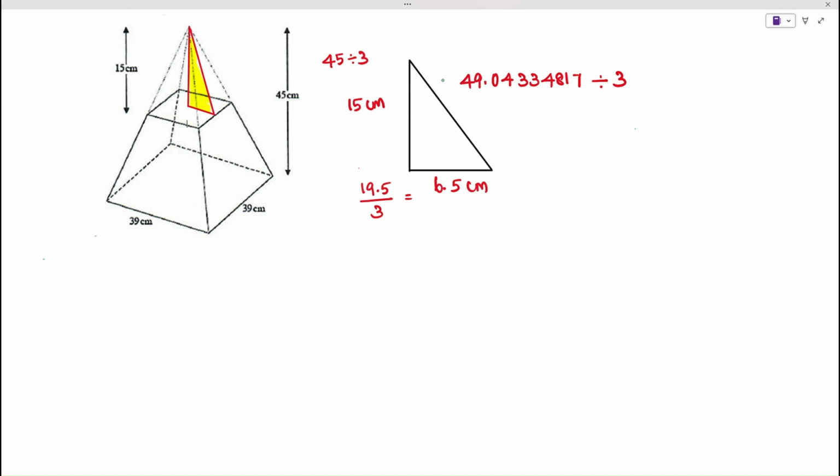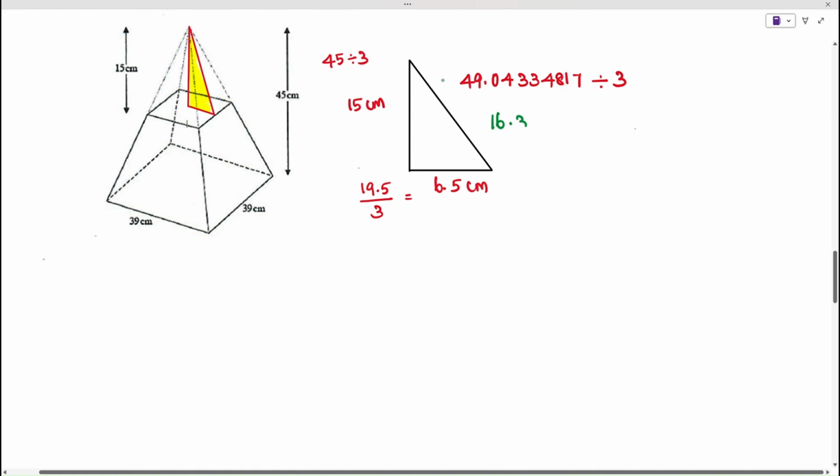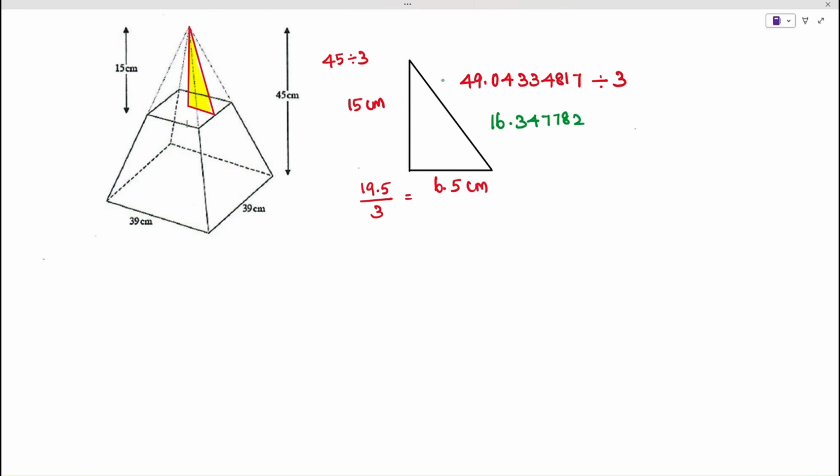And this hypotenuse is 16.34778272 centimeters.